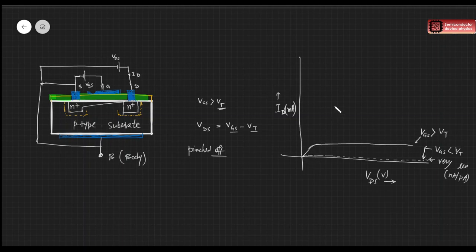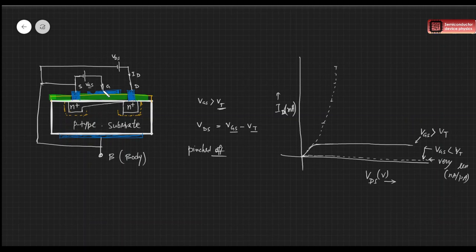Now I'll just draw a guideline. If you increase the value of VGS, that is higher gate voltage, the channel width is now a little more. So the resistance between source and drain has decreased because the channel width is more.